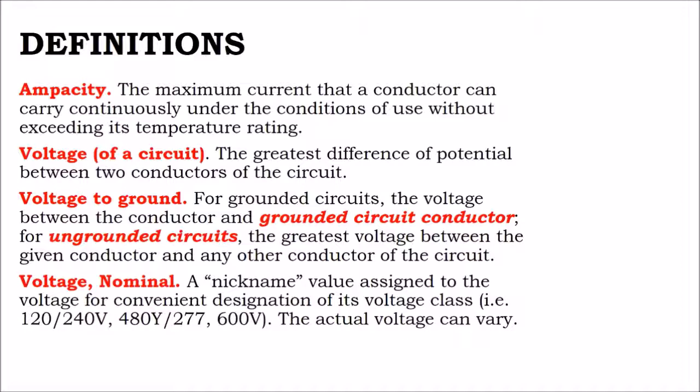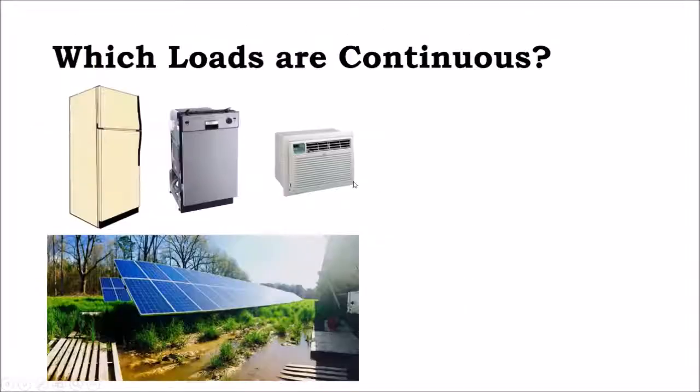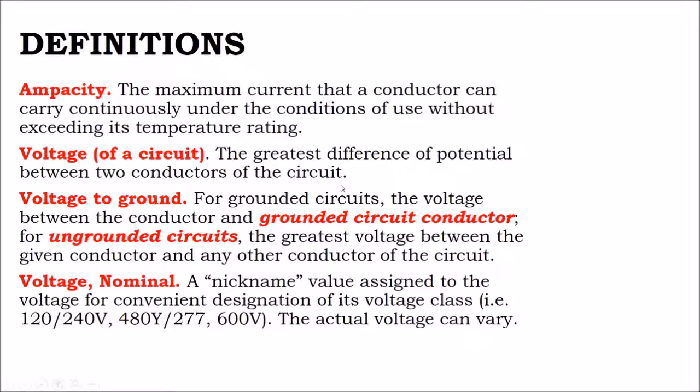And so just by tradition, we manufacture transformers at 120, 240, or 480, 277, or 600 volts. And the actual voltage inside that circuit can vary based on what type of transformer it is under normal operating conditions. A great case in point would be a battery bank that is rated for 48 volts.